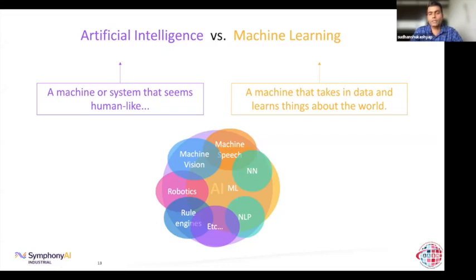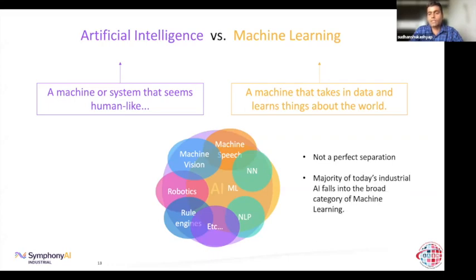And you might see that these are being used very interchangeably everywhere, and there is no perfect separation. If you look at the industrial problems, most of them fall into this machine learning category, where we try to learn the process behavior or asset behavior using the data and algorithms.